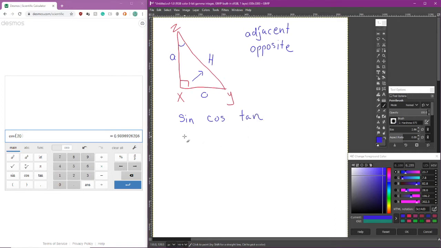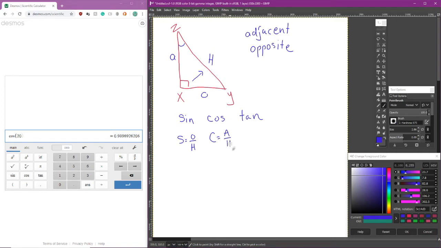Now there's a kind of an acronym way to remember what sides you're looking at for sine and what sides you're looking at for cosine and what sides you're looking at for tangent. Sine is opposite over hypotenuse, and I'm going to just write it short like this. S equals O over H. Cosine is adjacent over hypotenuse, and I'm going to write that abbreviated.